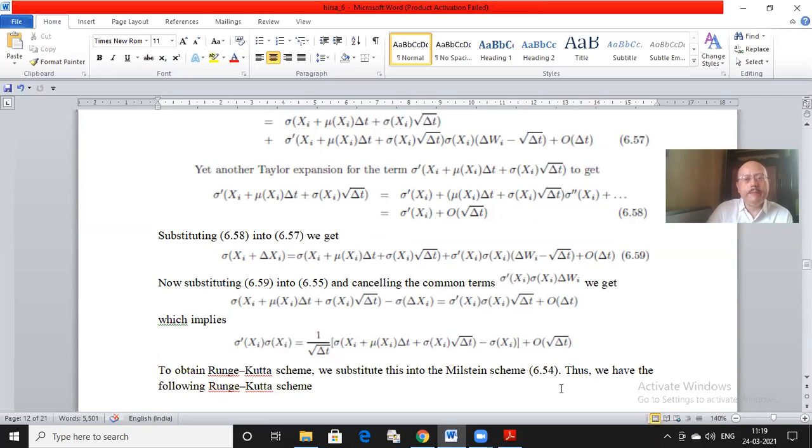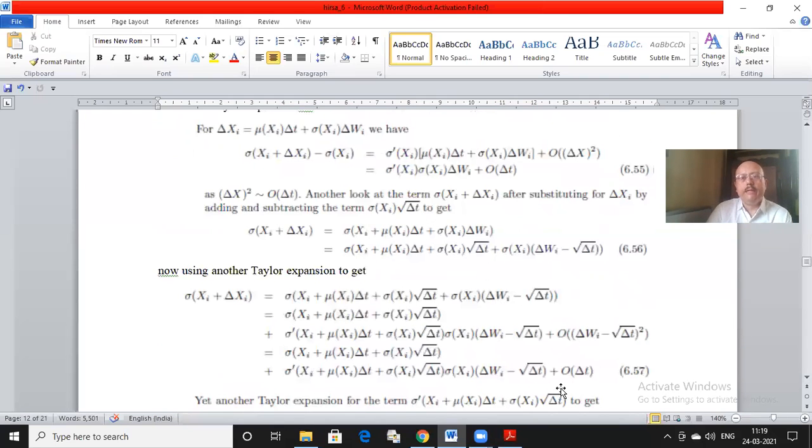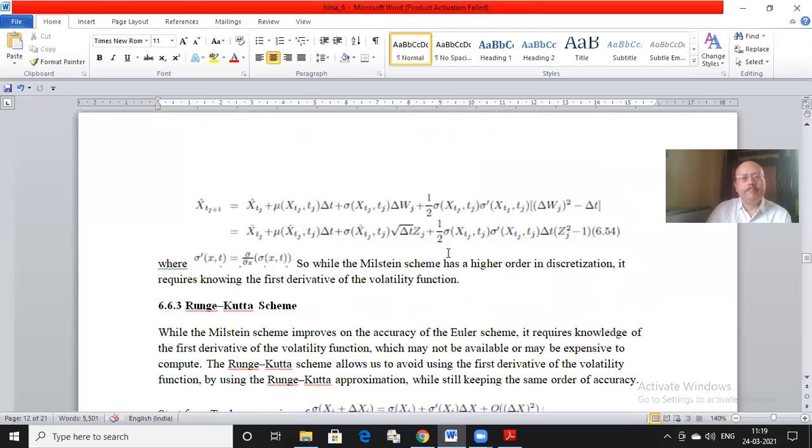So what is going to happen is, I look at the Milstein scheme. In the Milstein scheme, I had this sigma times sigma prime term here, which required evaluation of the derivative. So the Runge-Kutta scheme simply uses Taylor expansion 3 times to create a reasonable approximation for the term sigma prime.